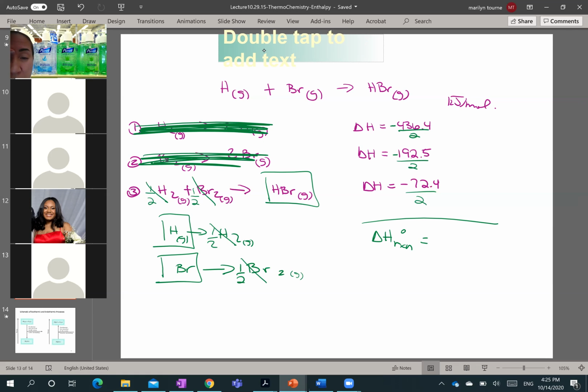Wait, no, it should be negative 350.65. Kilojoules per mole. So to get this answer, you just add all of these up. So obviously it has to be negative, right? So is that what everyone that did it already got? Yes. Cool.